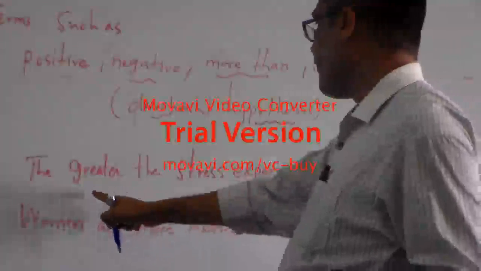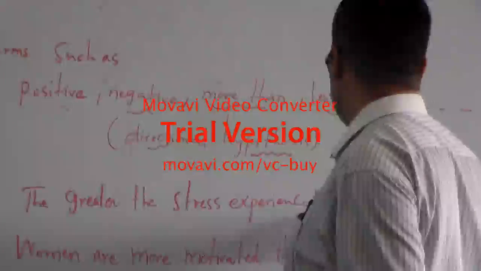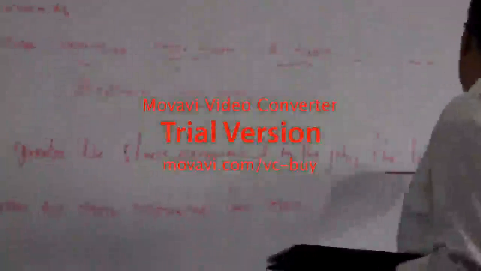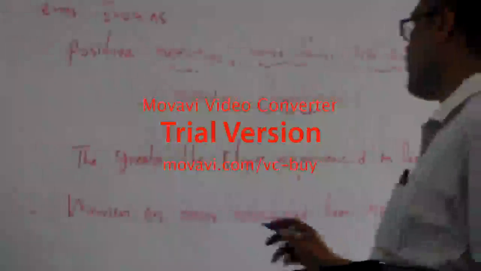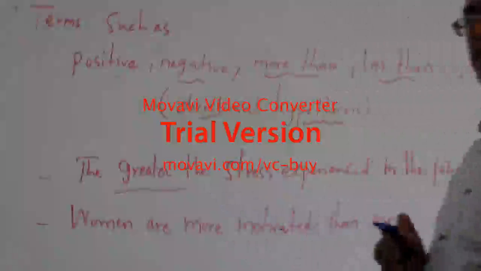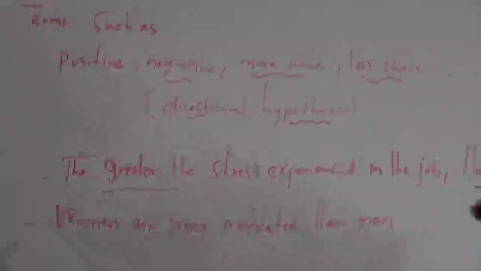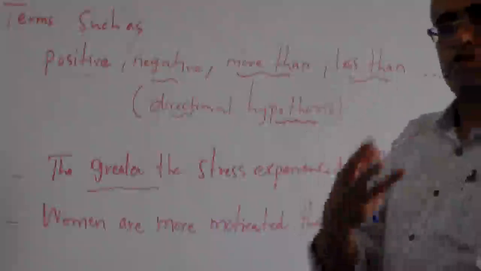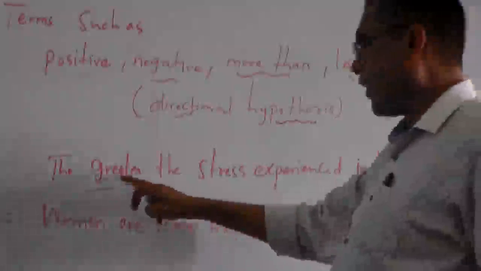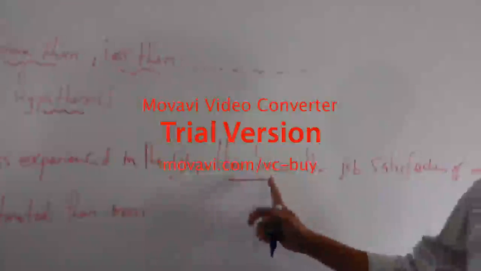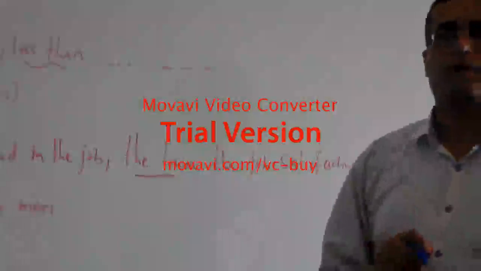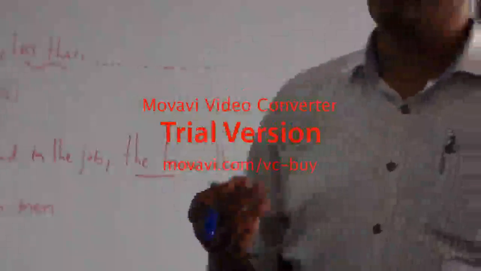For example, the greater the stress experienced in the job, the lower the job satisfaction. We can find a direction. If the stress in the job is high, greater, it means that the employee satisfaction will be low. Satisfaction means the employee is happy with his work. If the work is stressful, you know what we mean by stressful?